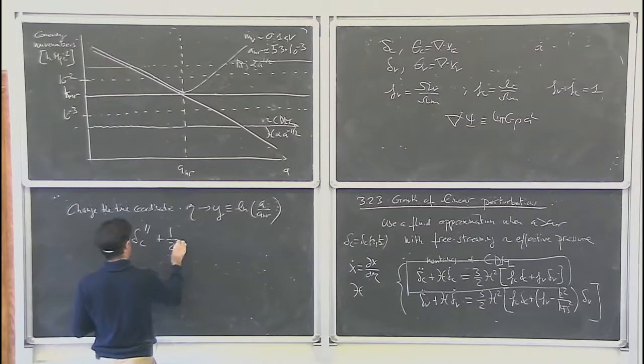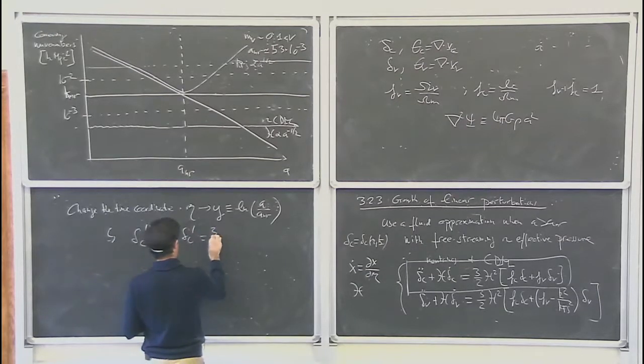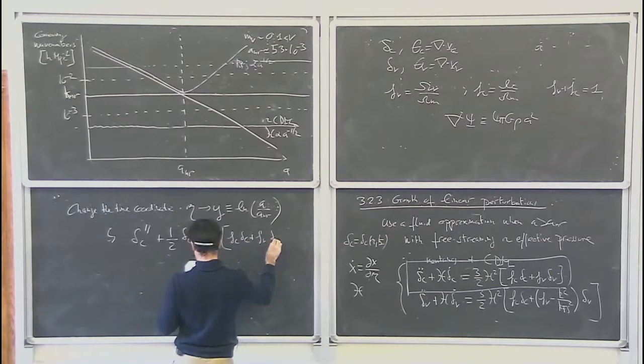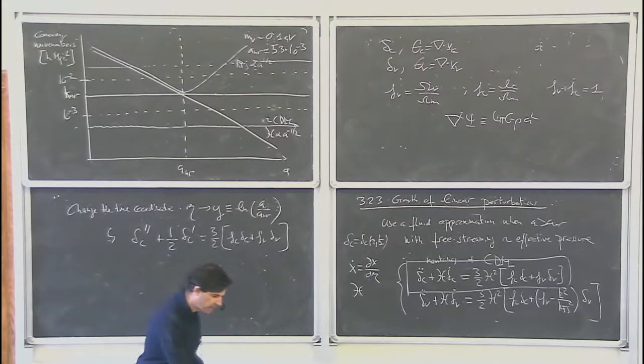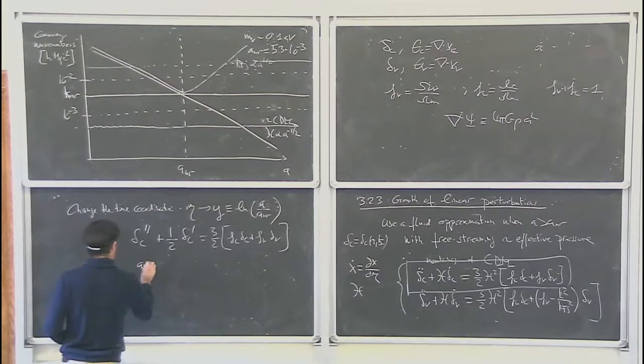So it takes this simple form: 1/2 of δc prime is 3/2 of fc δc plus... Okay, that's it. And all this assumes, again, matter domination and basically Einstein-de Sitter. I'm assuming Einstein-de Sitter to do that.